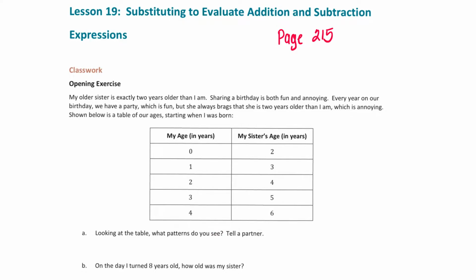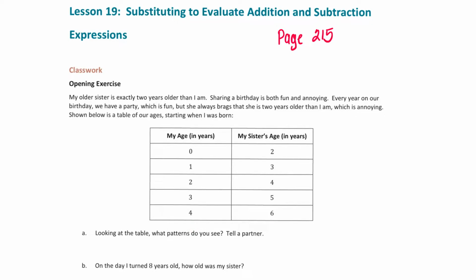Analyzing the table a little bit, we see that when I was 0 years old, my sister was 2 years old. When I was 1 year old, my sister was 3 years old. When I was 2 years old, my sister was 4 years old. When I was 3 years old, my sister was 5 years old. When I was 4 years old, my sister was 6.